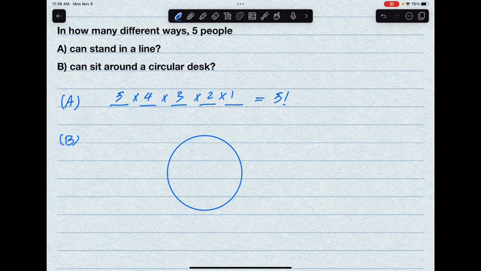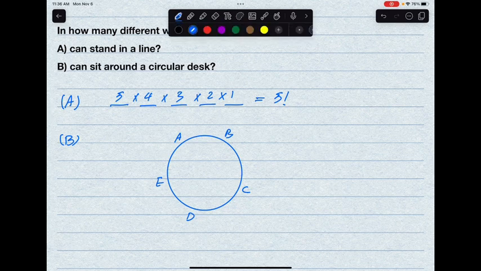If I say A is here, then B, C, D, and E, they sit around the desk. What is the difference between this and if I say B sits, and then C and then D and then E and then A?